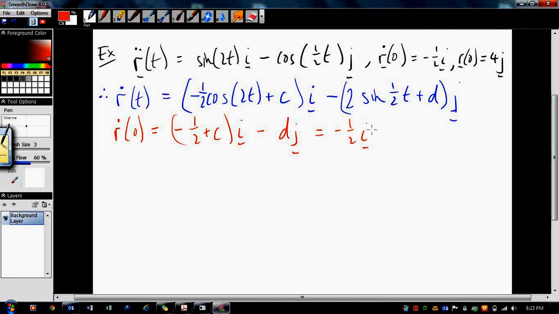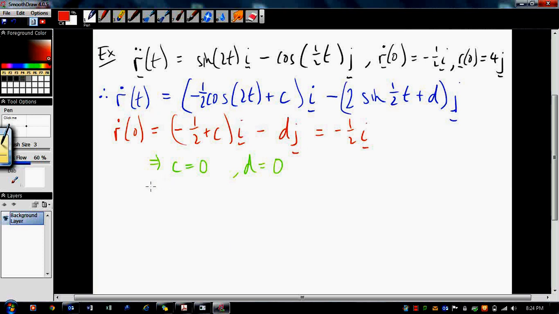And we are told that this is equal to negative a half i. So if this is equal to negative half i, we just need to resolve each component. Here's the i component on this side, here's the i component on this side. They must be equal, so therefore c is equal to 0. What's d equal to? Well, there's no j component on this side, so d is also equal to 0. So that's a boring response.